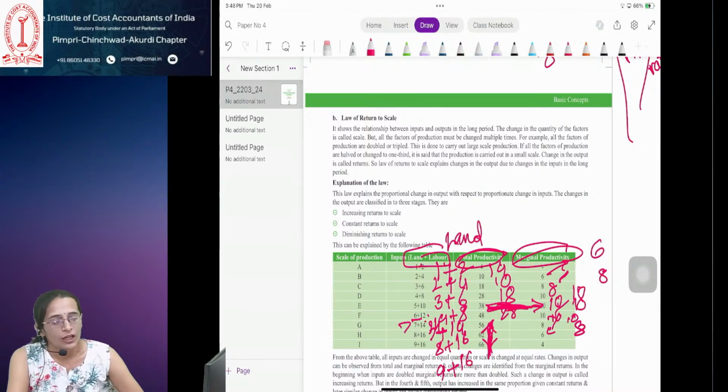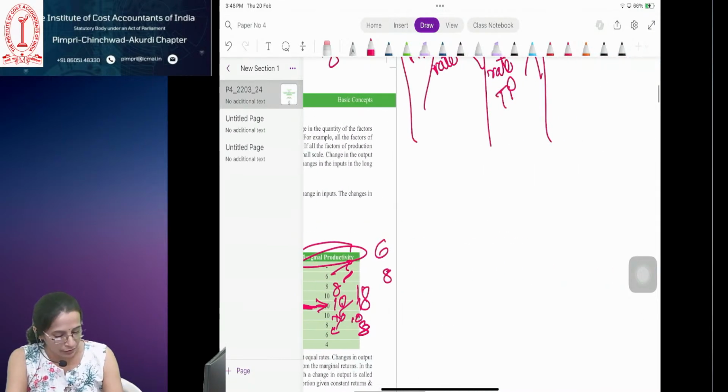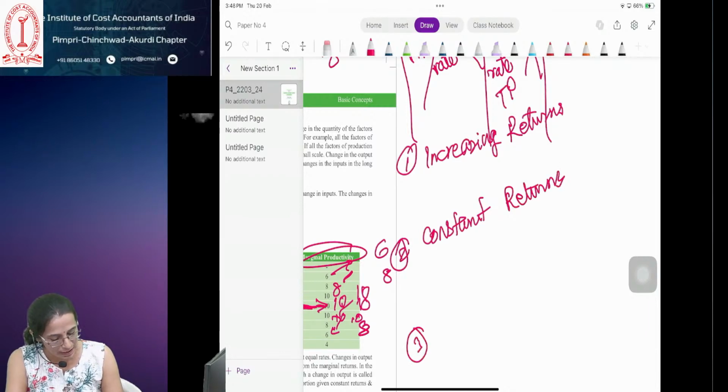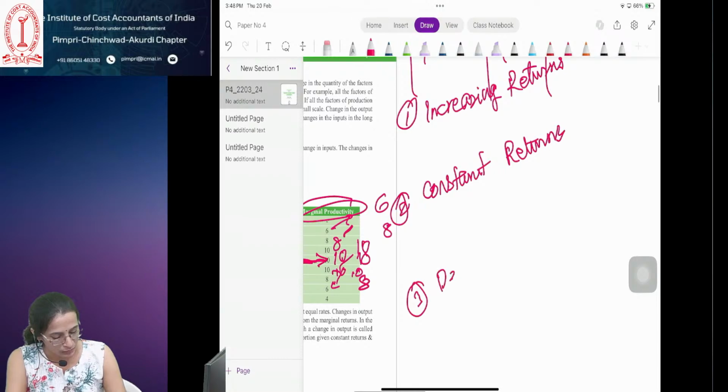See, if the input, we'll see this, increasing returns, constant returns and decreasing returns.